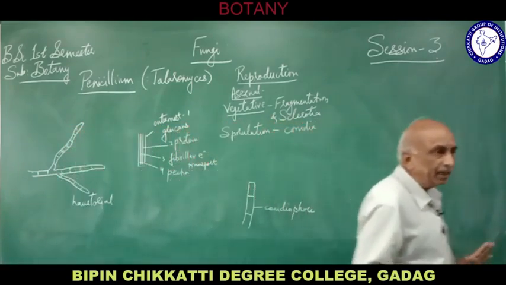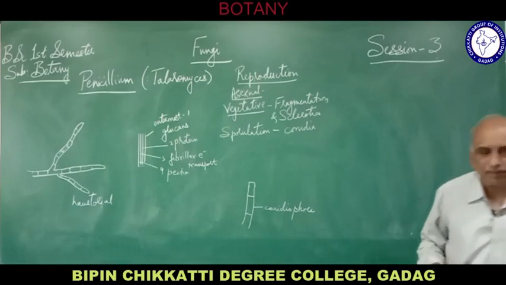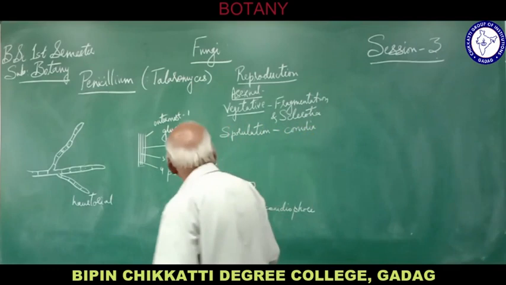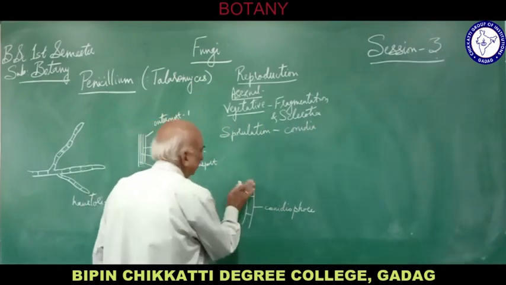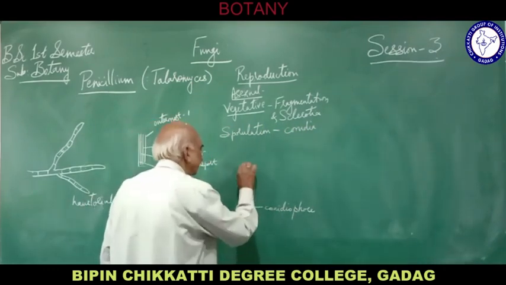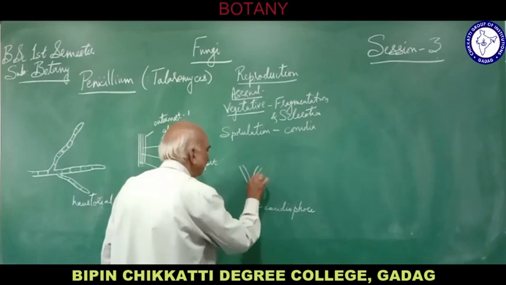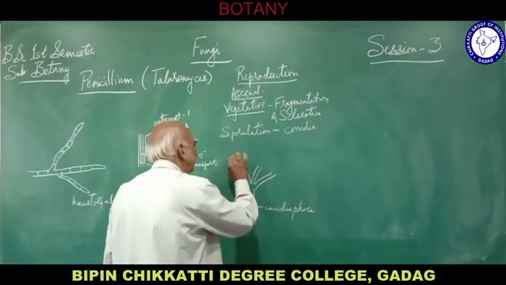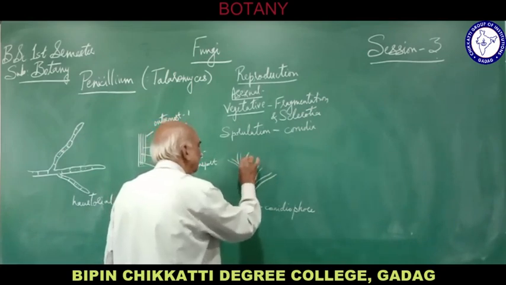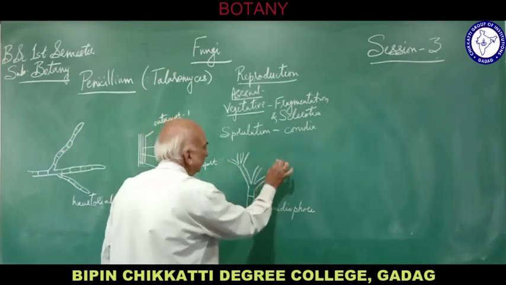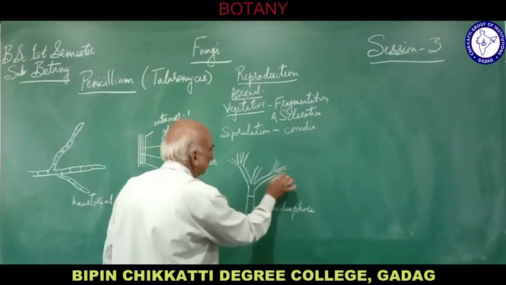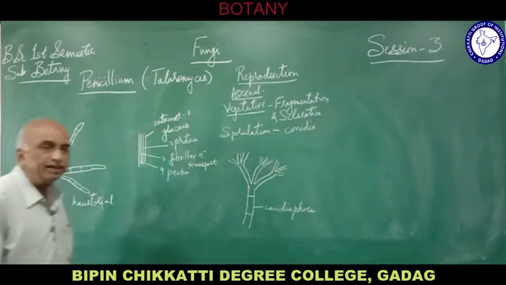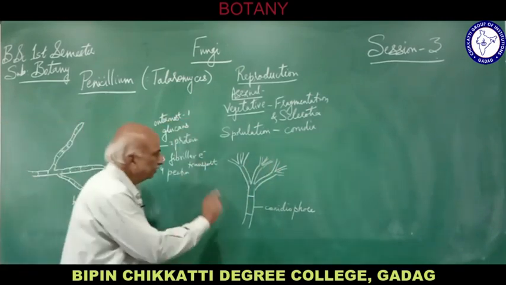That means they are negatively geotropic, away from the substratum, and then they branch into primary, secondary or sometimes tertiary branches. So the conidiophore may branch into primary, secondary or tertiary branches.